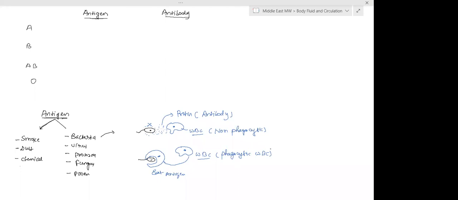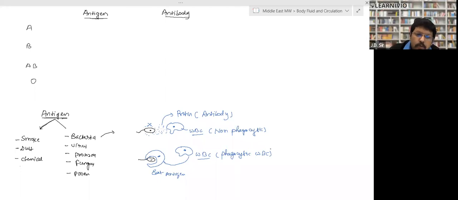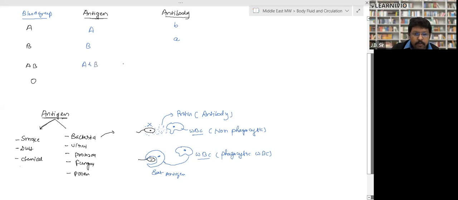Okay, look. I have told you that the name of the blood group is based on the antigen. If the blood group is A, then it will have A antigen and the antibody will be B. If the blood group is B, it will have B antigen and antibody A. If the blood group is AB, then it will have both A and B antigens but no antibody, right?